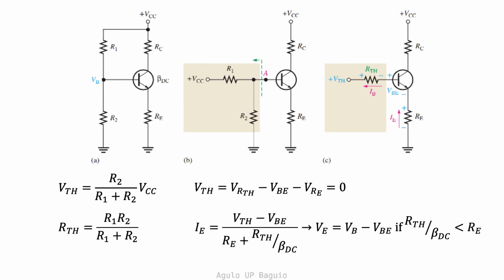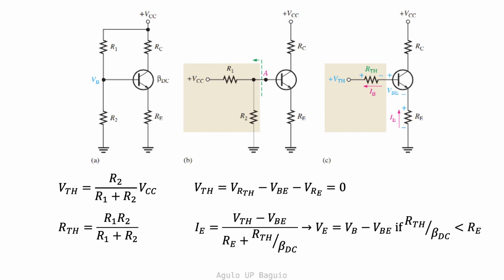Using Kirchhoff's voltage rule, the equation relating the Thevenin voltage, the voltage across the Thevenin resistor, VBE, and the voltage across the emitter resistor is equal to 0. If we replace the voltage across the Thevenin resistor with IB and RTH, and the voltage across the emitter resistor with IE and RE, and then solve for IE, we get the given equation.